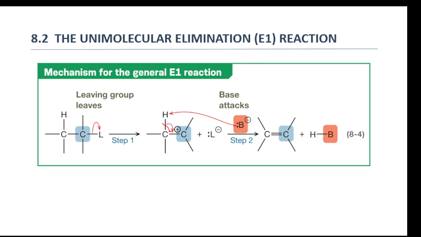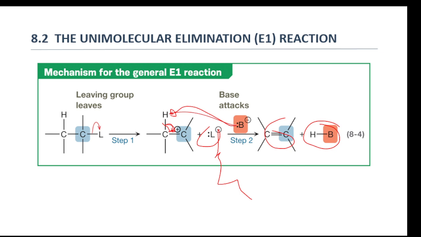Our base can then donate its electron density into a bond with the hydrogen. It will pull that hydrogen away, leaving the electron density to form a double bond with that carbocation. That will give us the double bond, again the conjugate acid here, and notice our leaving group skedaddled before. Our leaving group left before. Again, this is the E1, where we have it in 2 steps occurring, okay? All right, anybody have any questions about that one so far?